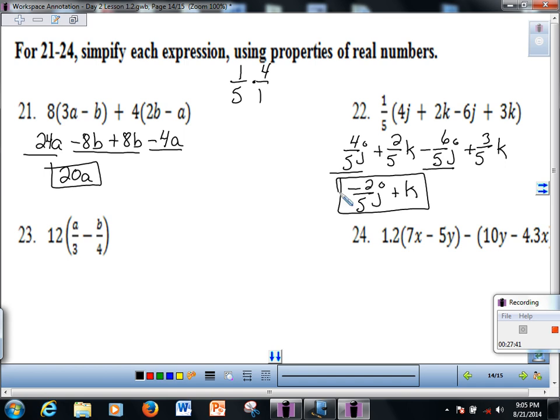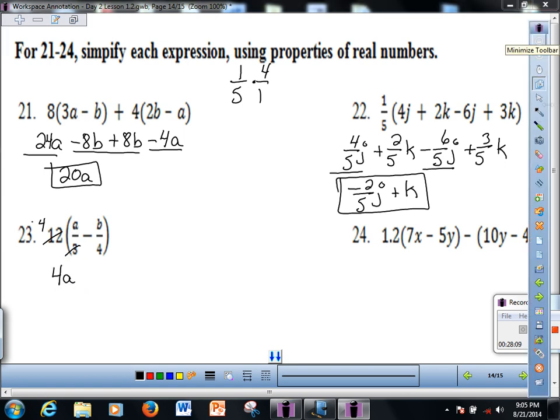If you've got your calculator on number 23, you can use it, but there's a better way. Instead of going 12 times a over 3, I'm going to reduce first. 3 goes into 12 4 times. 4 times a is 4a.